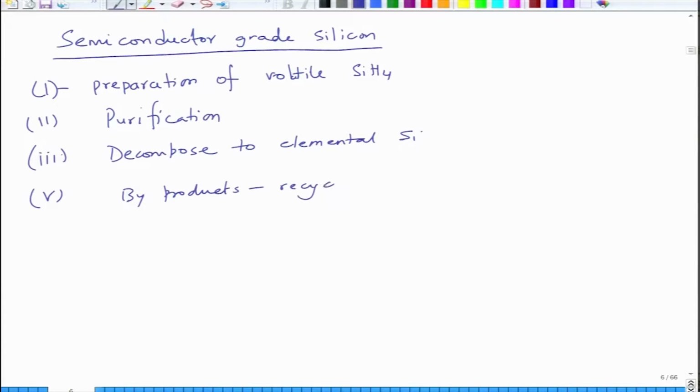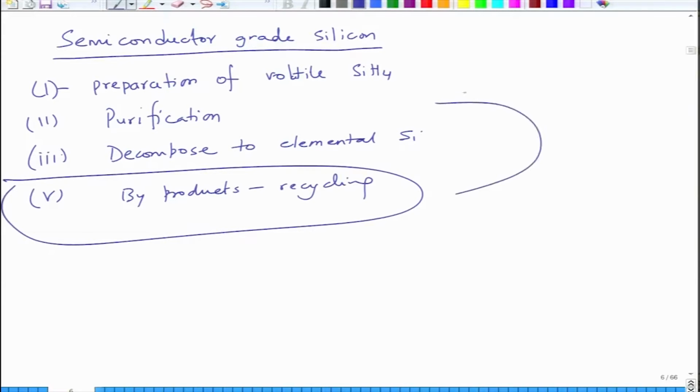It is not a part of the process as such, but this is what happens: you have byproducts which are recycled into these stages. Okay.